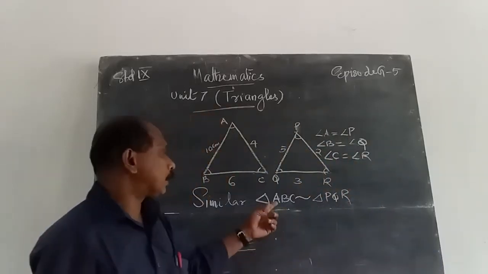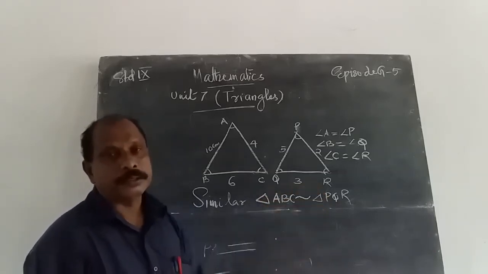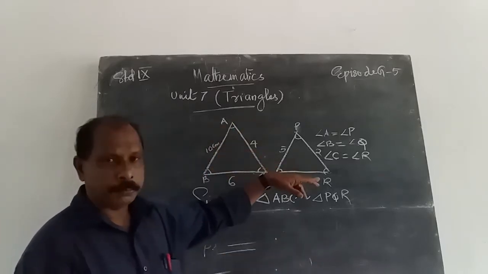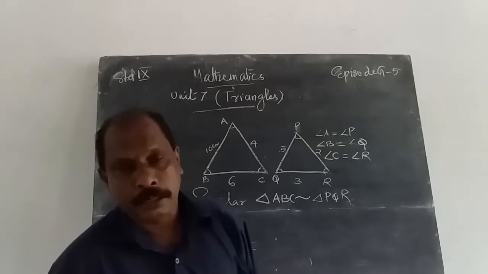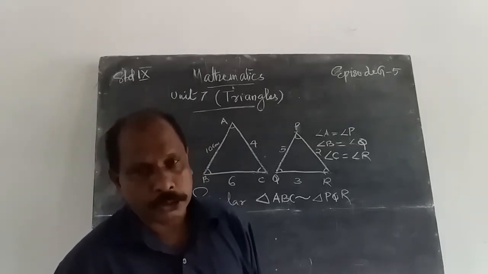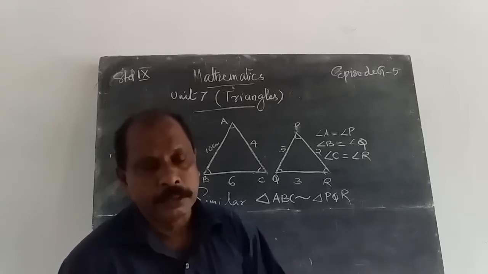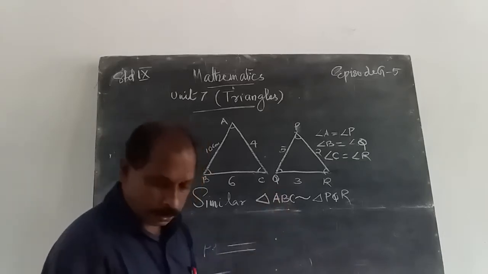Notation: triangle ABC is similar to triangle PQR. That means angle A is equal to angle P, angle B is equal to angle Q, angle C is equal to angle R. AB by PQ is equal to BC by QR is equal to AC by PR. Therefore, these two triangles are similar.